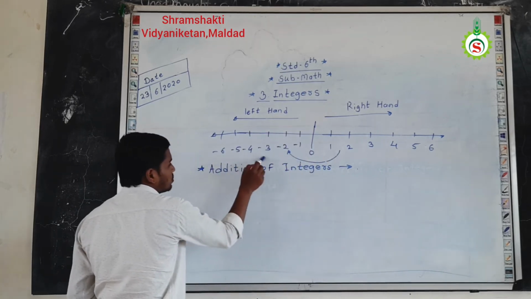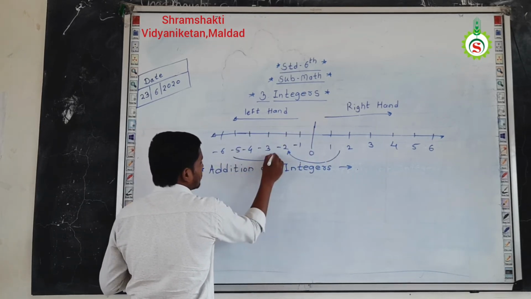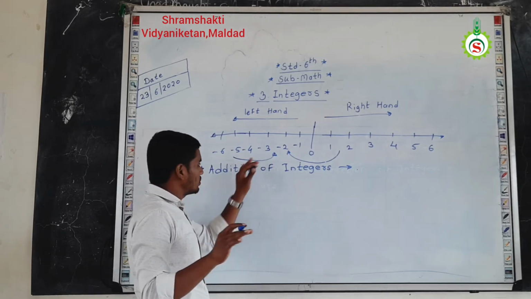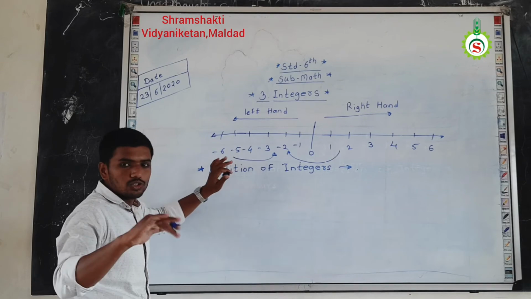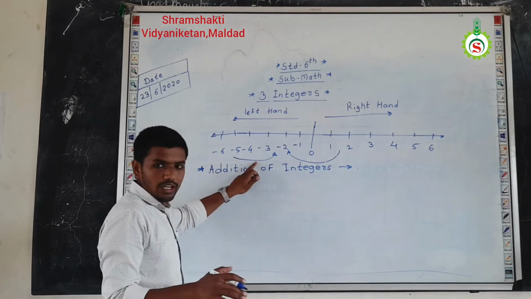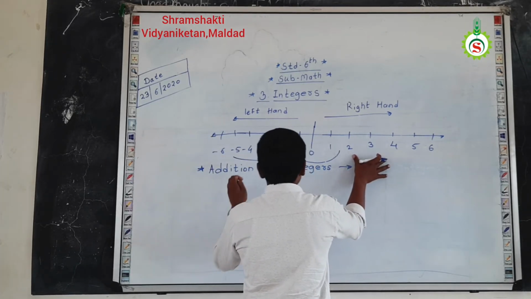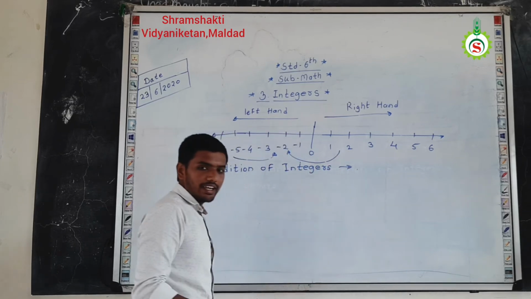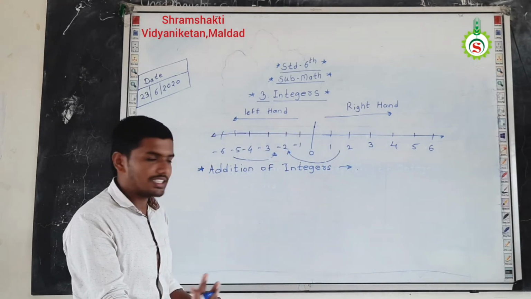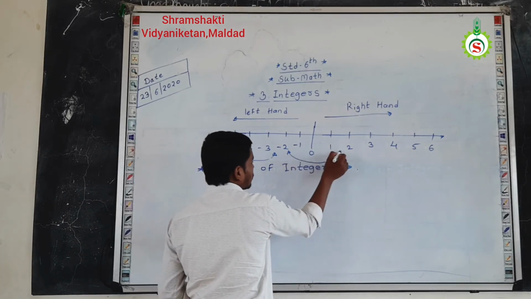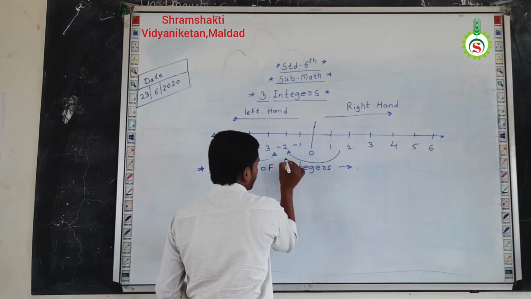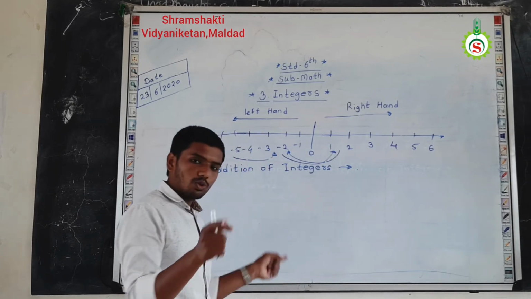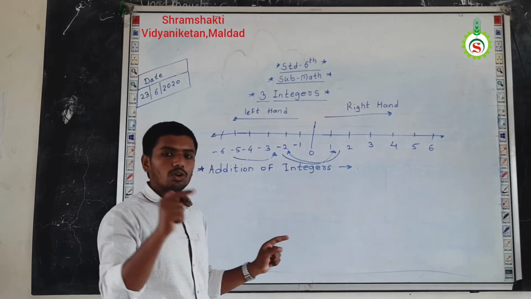But if you want to move within your negative region, that means on the left hand side, there is no need to spend anything. That means there is also gain, within that region or within the other region. In the same region, there will be gain. That means there is addition. But if you want to cross, from positive to negative or from negative to positive, you have to lose.